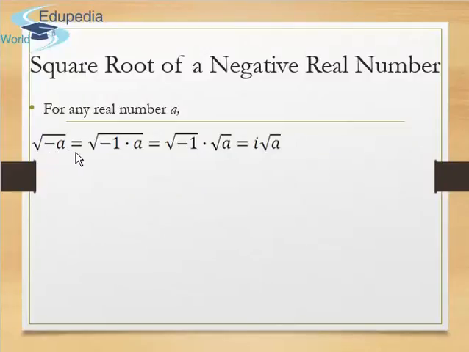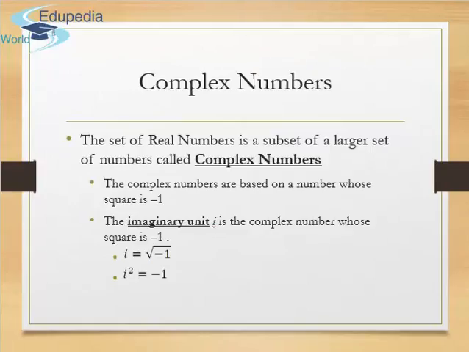The process of finding a solution to this is like this. You write down negative 1, you expand it, you take out the negative of a, so you take out negative 1 times a, and then you break down this radical. All of this can be written as the square root of negative 1 times the square root of a, and then you can write it as i times the square root of a, as we already saw in this slide that the square root of negative 1 is equal to i.